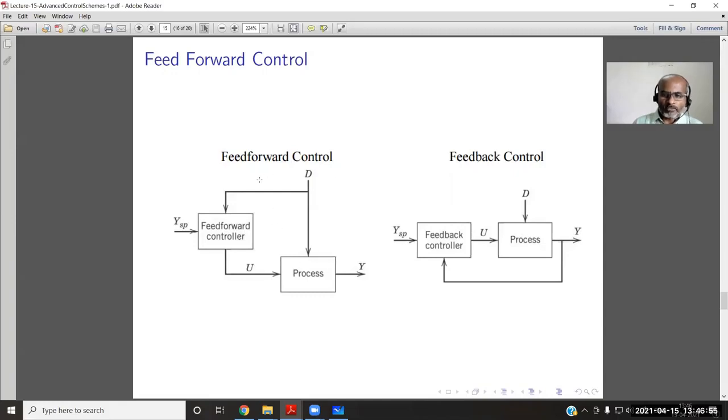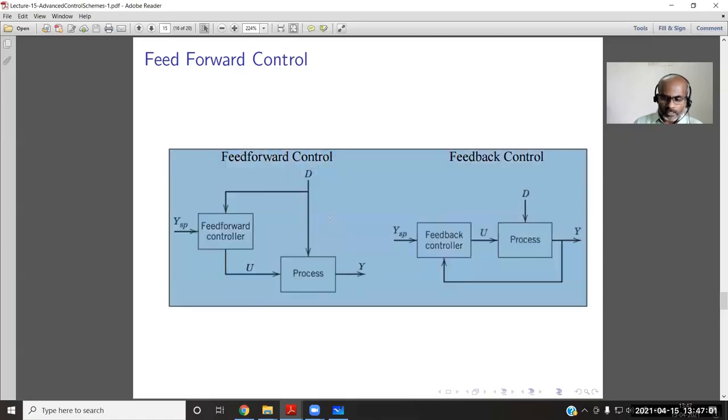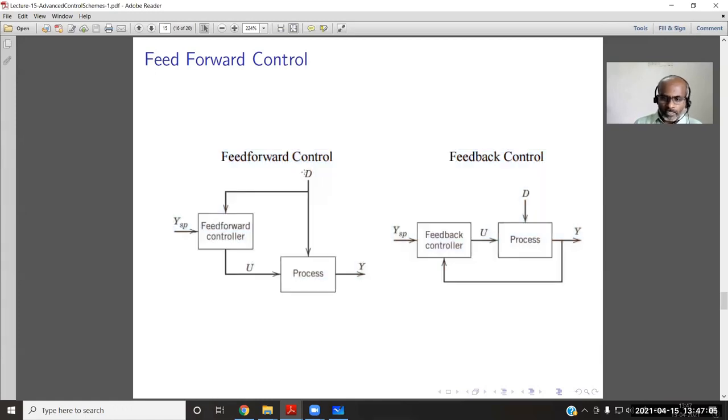So this feed forward control requires you to have a good measurement of all the disturbances entering the process, and to know how the disturbance affects the process. We should know the relation between the disturbance and the process. We should have the proper model equations.